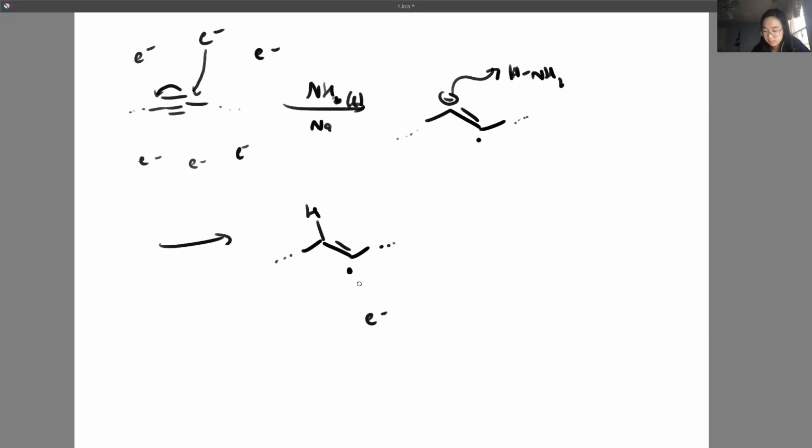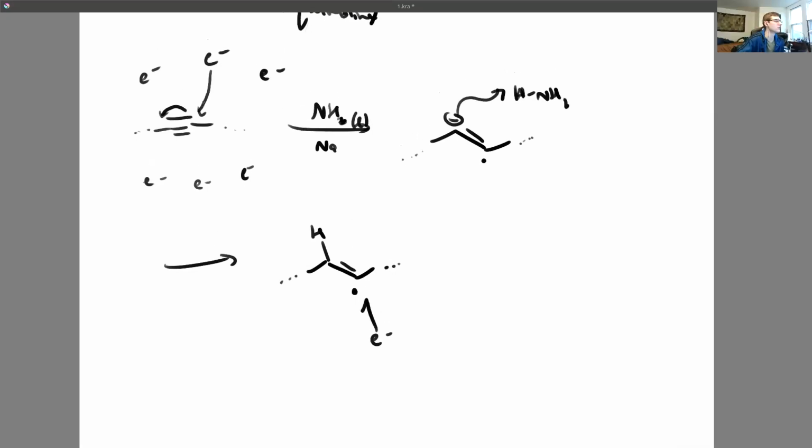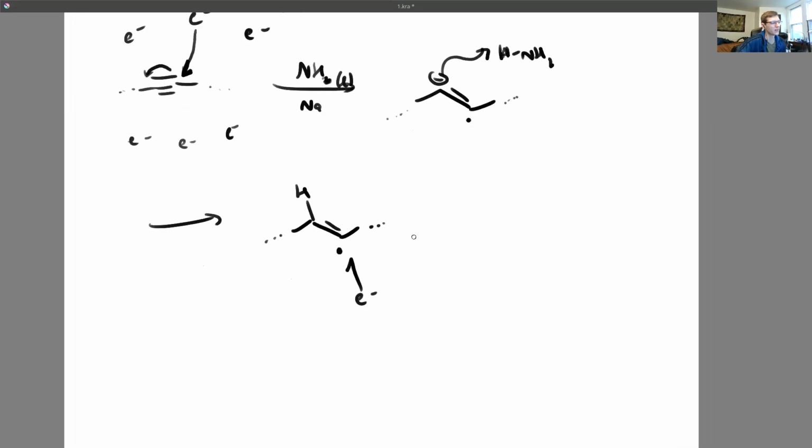Yeah, exactly. So I guess I should be writing single-headed arrows because we write those whenever only one electron moves, right? So we get a lone pair down here, and all this extra stuff.